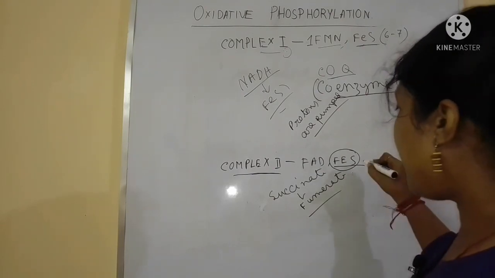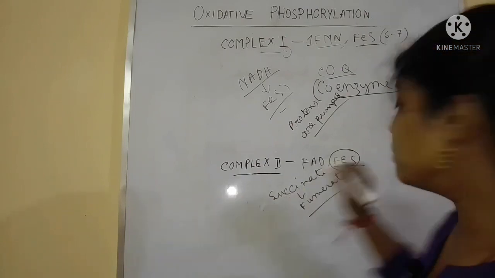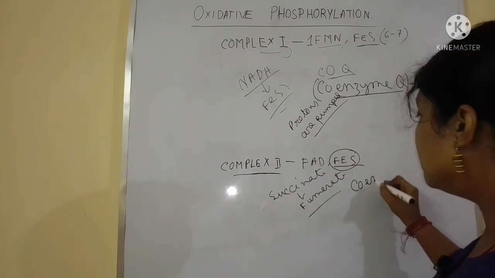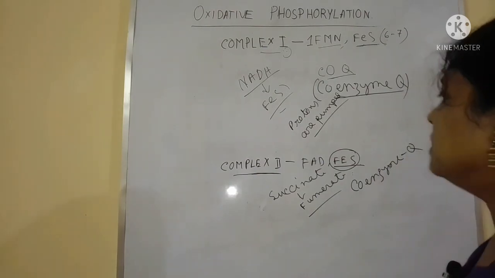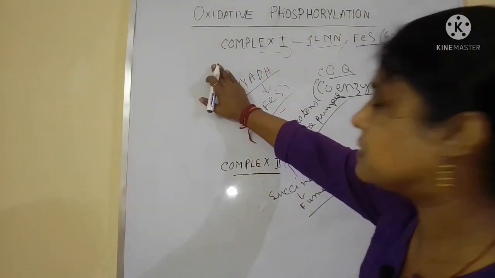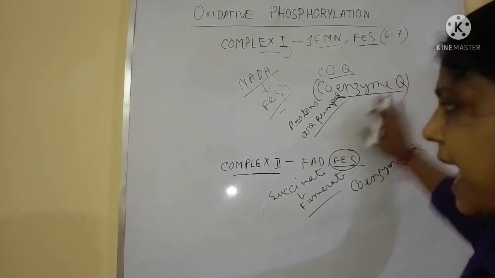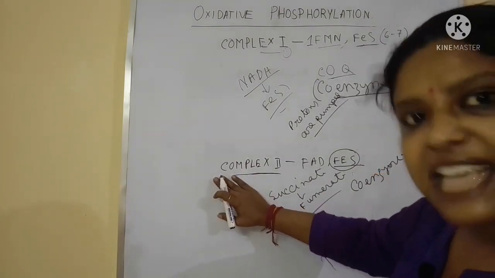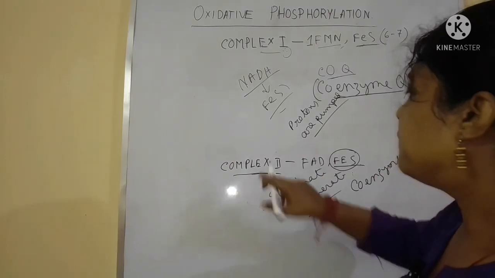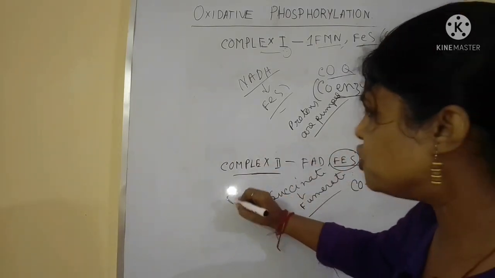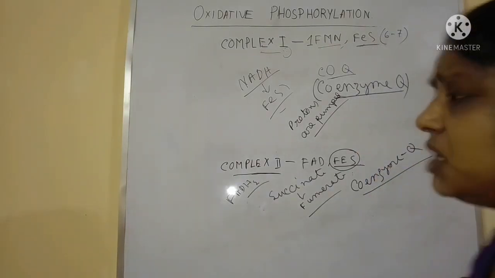Then from the iron sulfur cluster, these electrons go to coenzyme Q. So, what is the role of complex 1? The transfer of electrons from NADH to coenzyme Q, and complex 2 has the same role, the transfer of electrons from FADH2 to coenzyme Q. Clear?